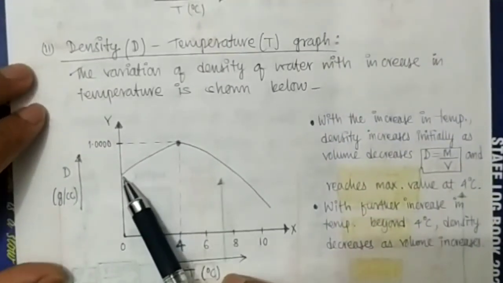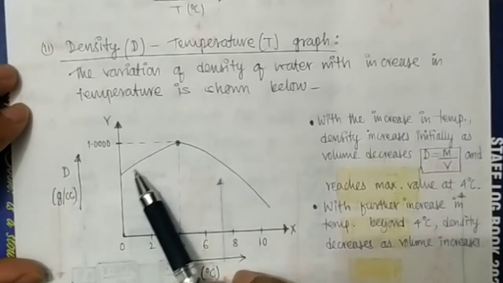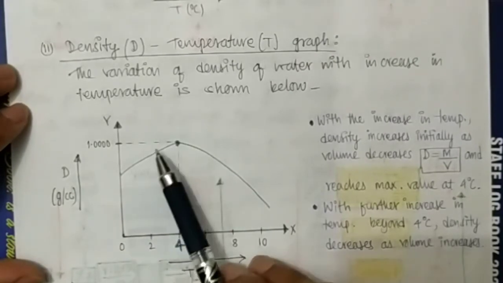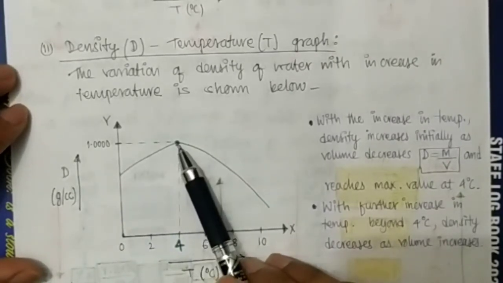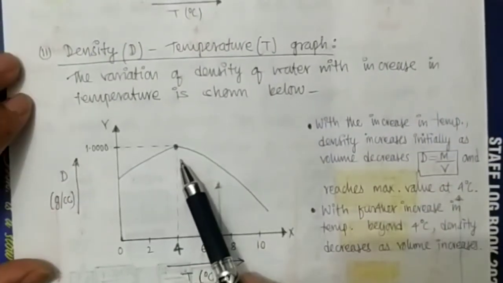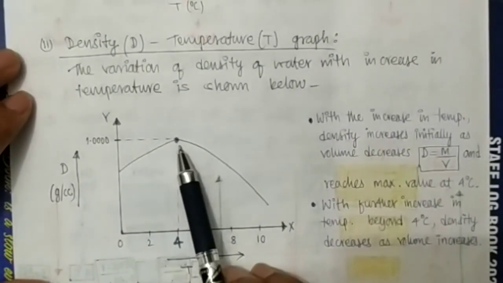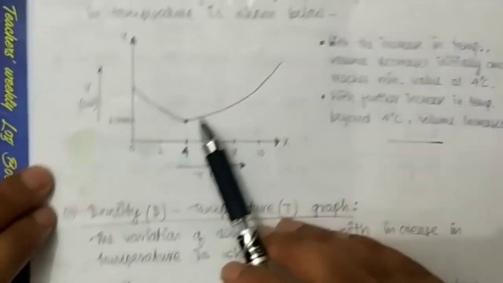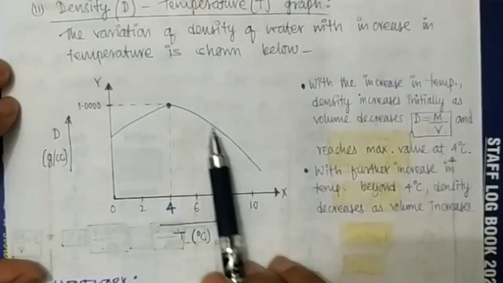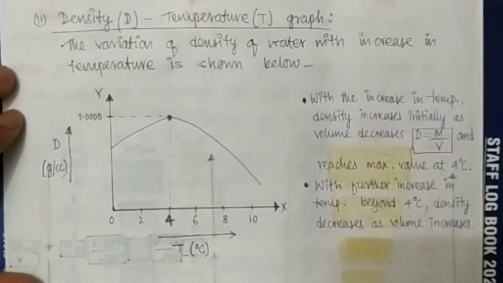Since density and volume are inversely proportional, if volume decreases, density will increase. So density will increase with the increase in temperature and it will reach its maximum value at 4 degrees Celsius. At 4 degrees Celsius, volume is minimum, so density is maximum. And if we further heat this water beyond 4 degrees Celsius, the density will decrease because volume is increasing. This is how we represent this observation with the help of this graph.